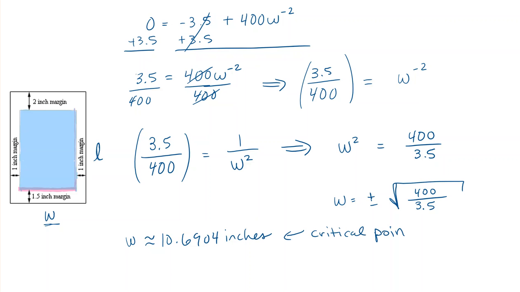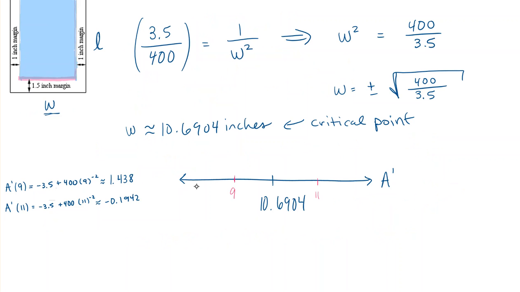We then need to determine whether this critical point represents a local max, local min, or neither. We can do that with a variety of methods, such as the first derivative or second derivative test. I'll just go with the first derivative test. So we would begin to draw our number line and label our critical point. Picking a test point to represent all values before 10.6904 and a test point for the values after, and evaluating these in the derivative, at the test point 9 the derivative is positive valued, and at the test point 11 the derivative is negative valued.